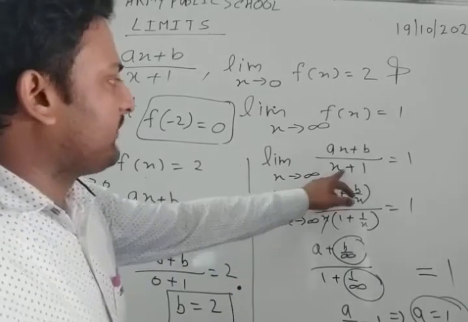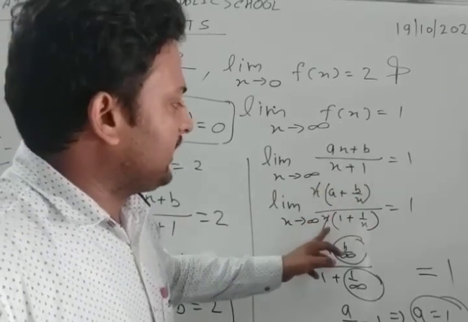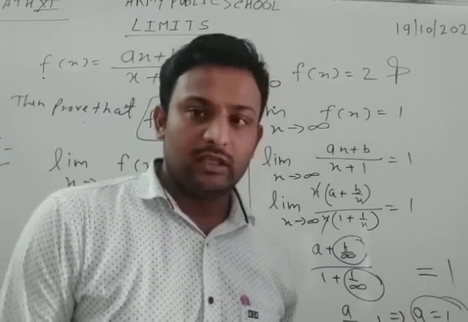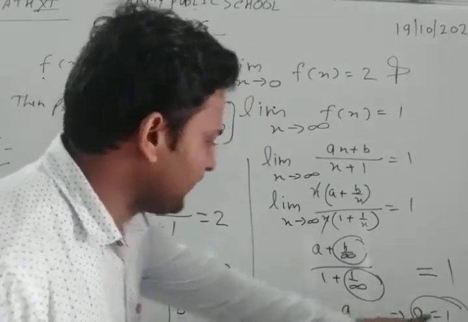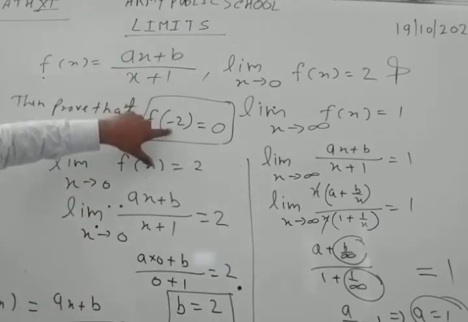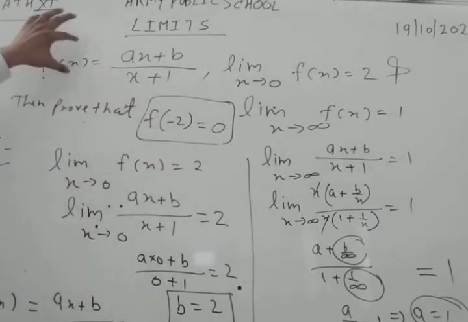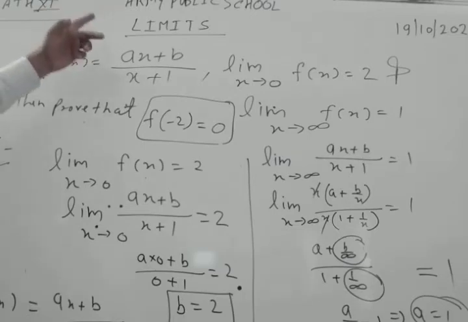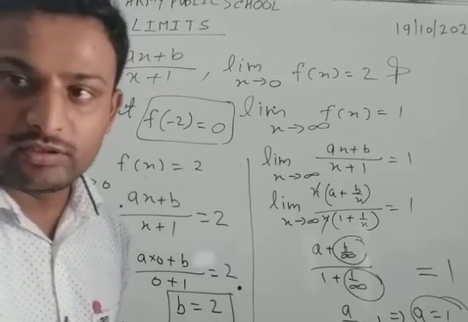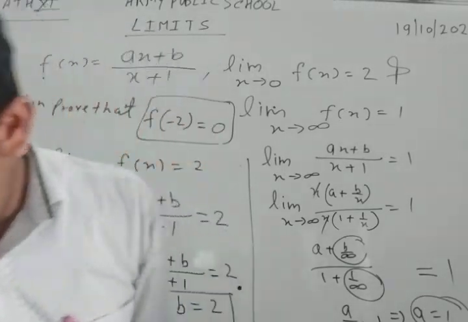Again, limit x tends to infinity, taking x outside, x will be cancelled, put the limit, we get a is equal to 1. Now we are getting a is equal to 1 and b is equal to 2. Now we have to find the value of f(minus 2). So put the values of minus 2, a and b in this function. After solving, (ax plus b) upon (x plus 1), putting minus 2 into 1 plus 2 upon minus 2 plus 1, this is equal to 0. Okay. So next question.